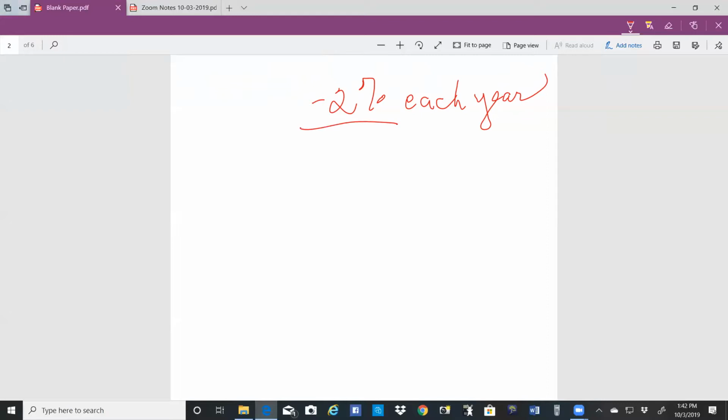So r is equal to what? Little r. Come on, folks. Negative 0.02. Yes. And so the growth multiplier, what do you think it would be, Jennifer?